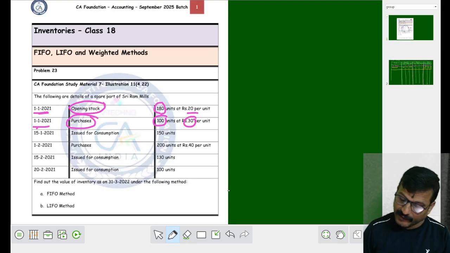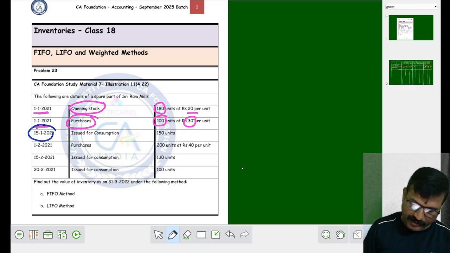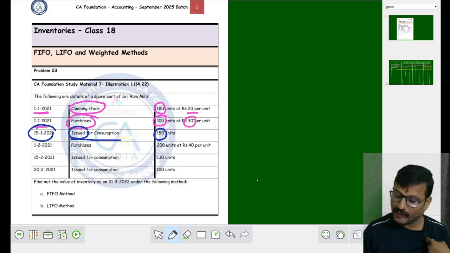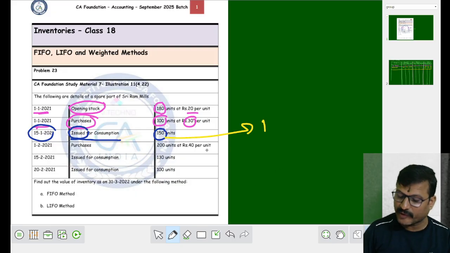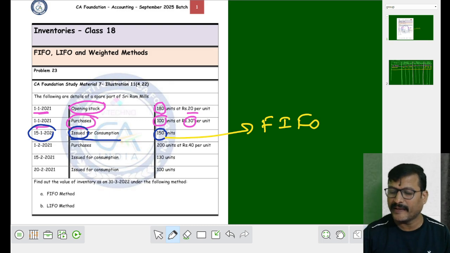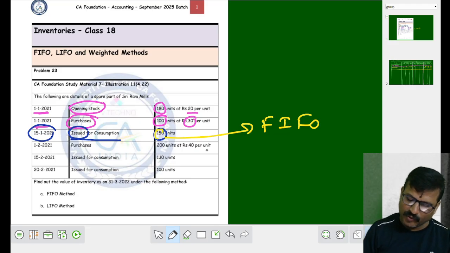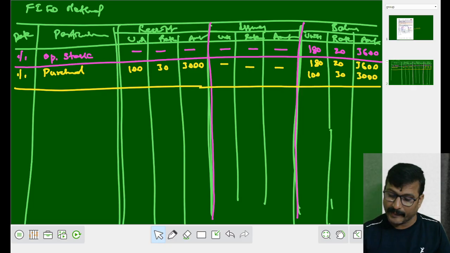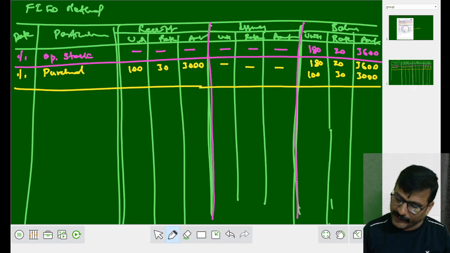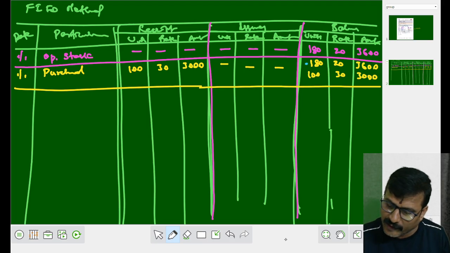The next date is 15th January. You have issued for consumption 150 units. Now you are following which method, my dear student? We are following the FIFO method. FIFO method means issues are to be made from the top. How many units do we have to issue? 150 units. When you make the issue, in your first lot, how many units are there? 180 units.